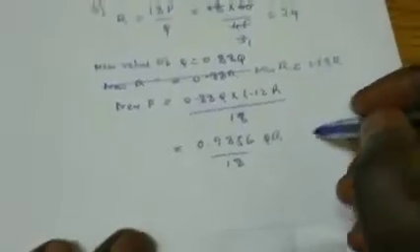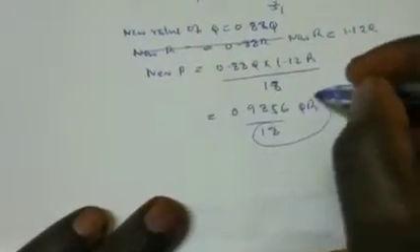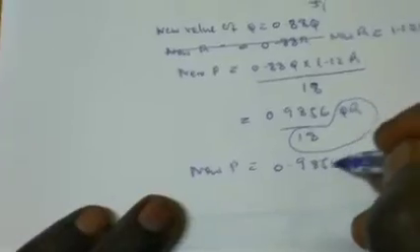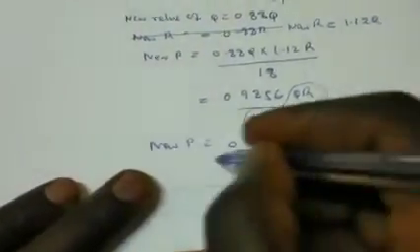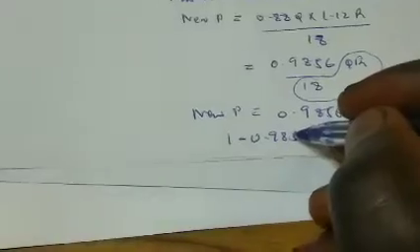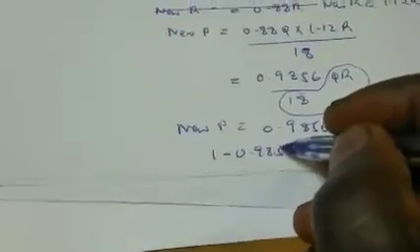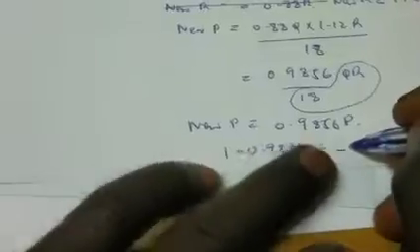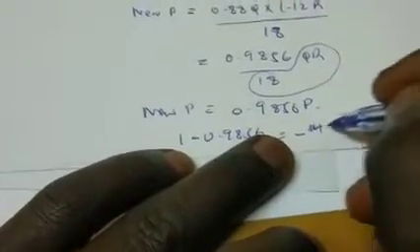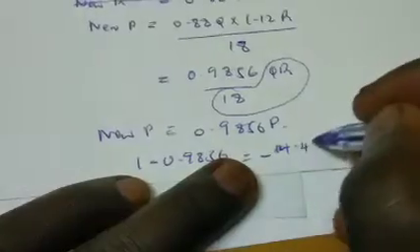From here we realize that this one is the old P. So new P will be 0.9856 of the old P. So change will be 1 minus 0.9856, and that gives us negative 0.0144, which is 1.44%.